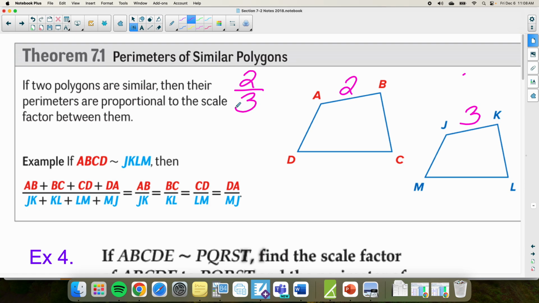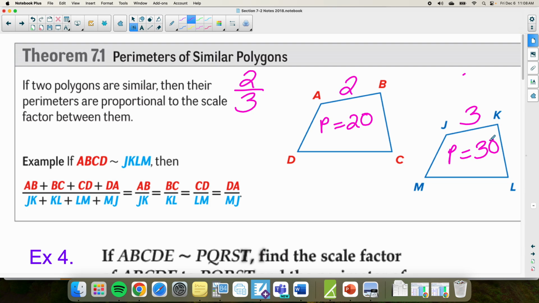What that is saying is if this is in the ratio of 2 over 3, the perimeter of this would be in the same ratio as the perimeter of this. It would also be 2 over 3.